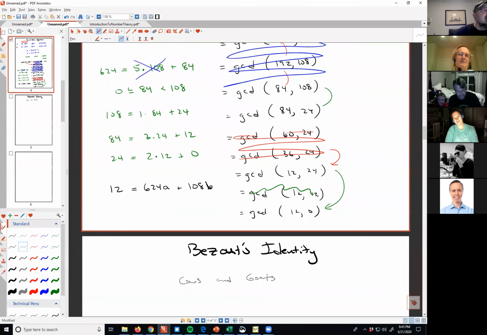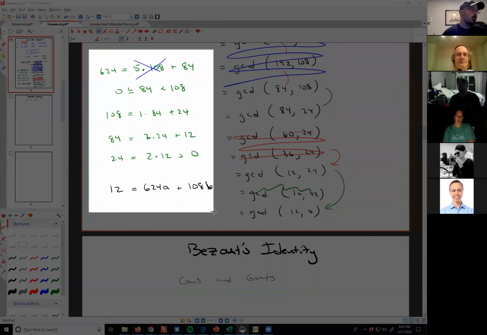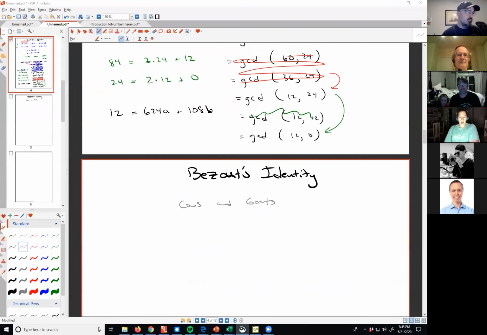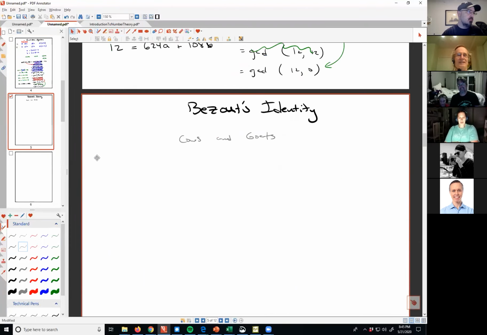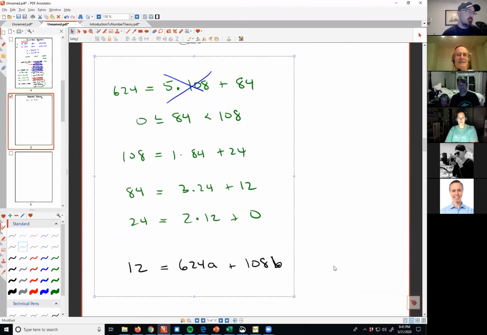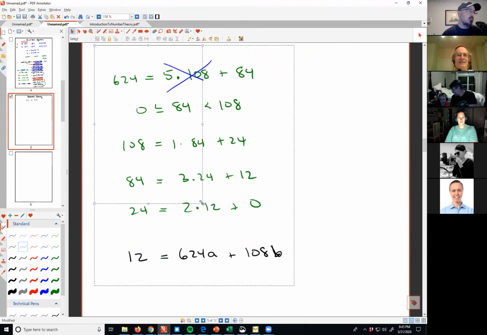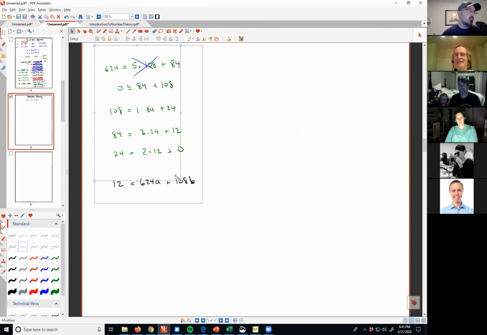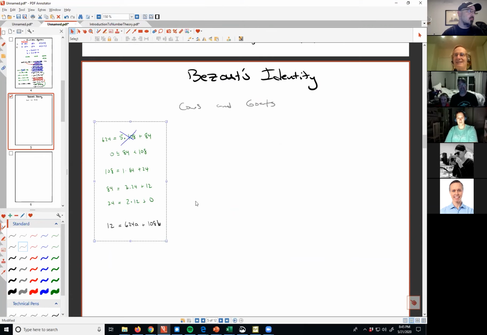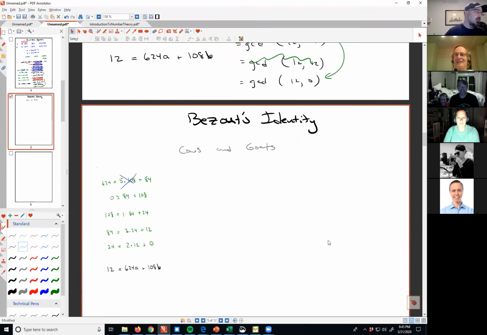Let me grab one of my handy dandy tools here. So, if we start at the bottom, we can see 24 in terms of 12s.